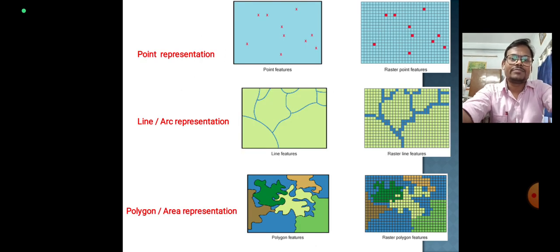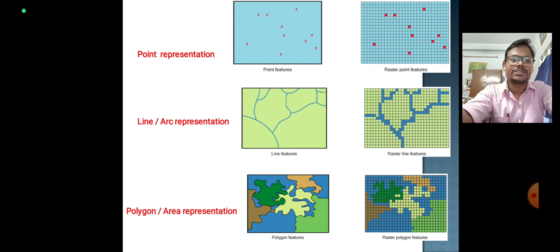Point representations: here the picture shows points representing settlements, hospitals, common places, capitals, etc. Line or arc representation: lines represent roads, rails, etc. Polygon or area representation.